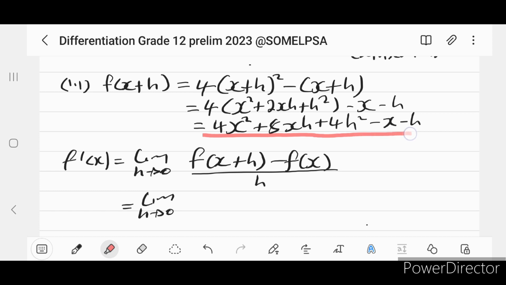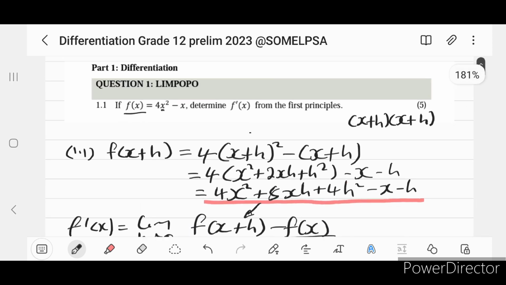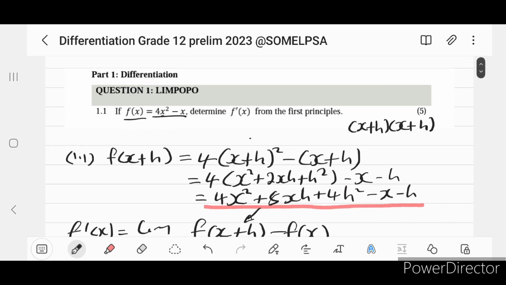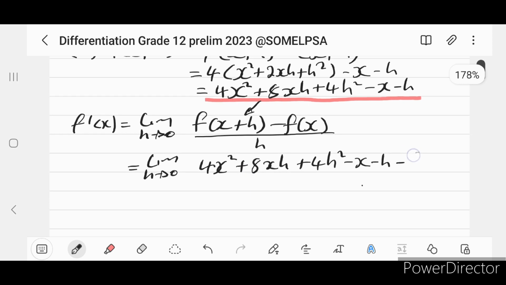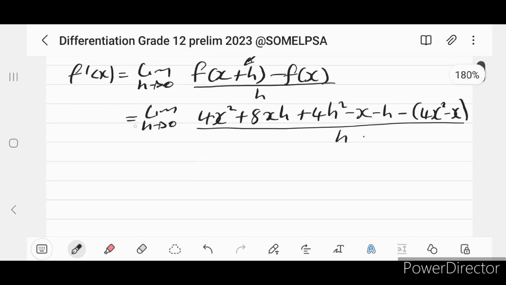It is 4x squared plus 8xh plus 4h squared minus x minus h. So I've substituted this in place of f of x plus h. Then there's this minus, and f of x is 4x squared minus x, so in brackets, 4x squared minus x, all over h.